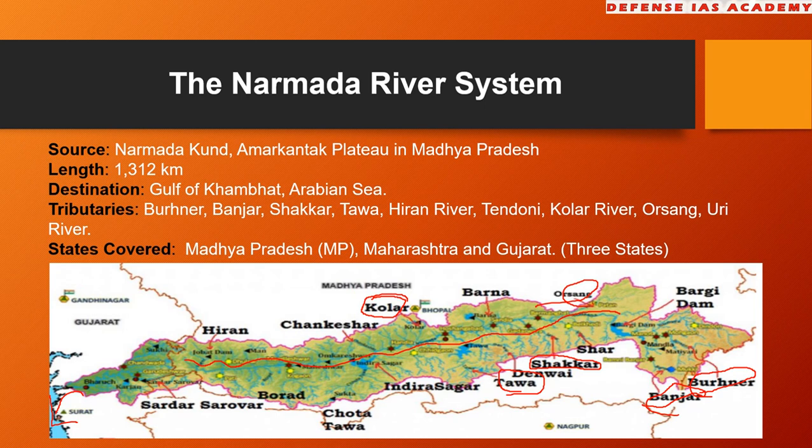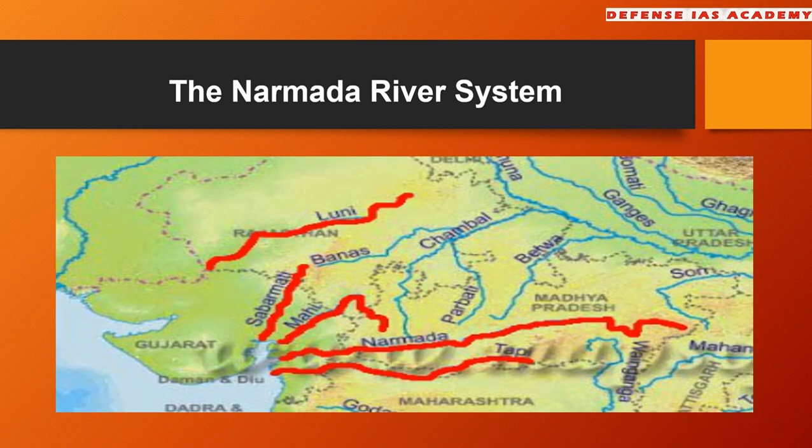The major states covered are Madhya Pradesh, Maharashtra and Gujarat. It originated in Madhya Pradesh and drains off in Gujarat into the Gulf of Khambhat.